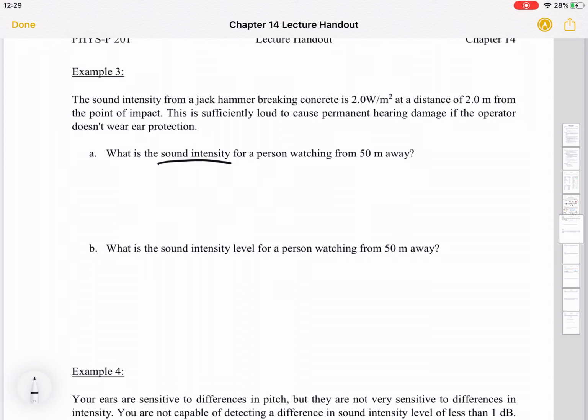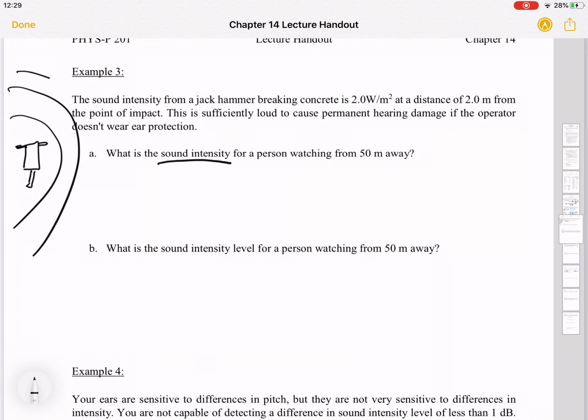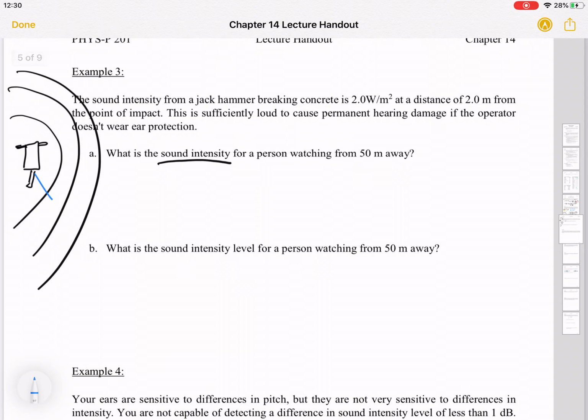Okay, so let's draw a picture. We've got a jackhammer. There's my jackhammer. Oh, it's got to have handles. There we go. And it's sending out sound waves. Let's do circles like this. And we've got 2 distances. One distance is R1, which is 2 meters, and another distance is 50 meters.